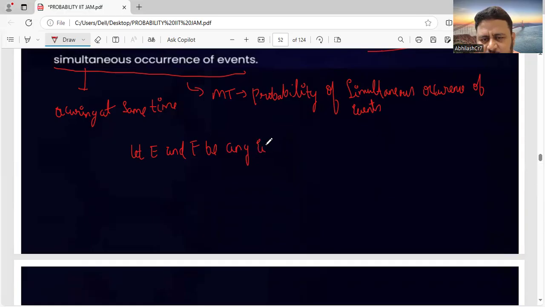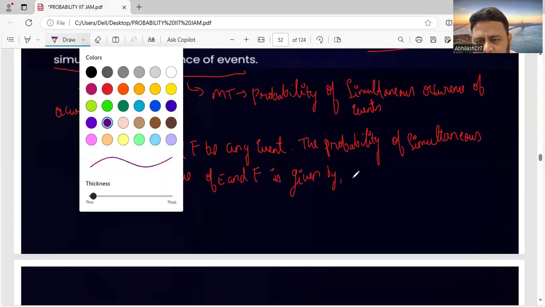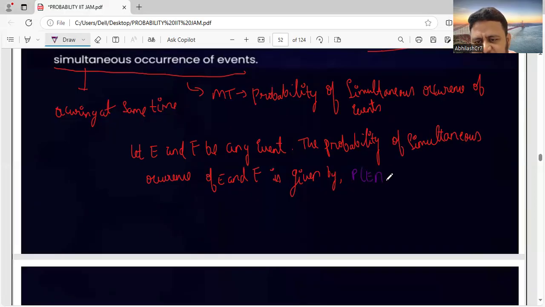Then the probability of simultaneous occurrence of E and F is given by, very important friends, please focus, the probability of E intersection F.